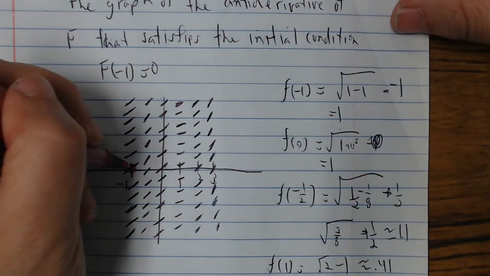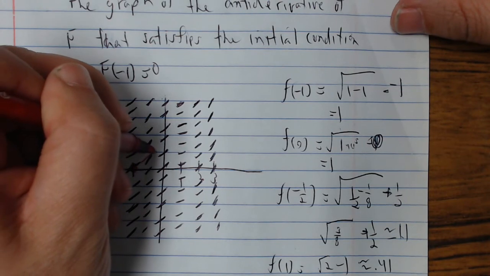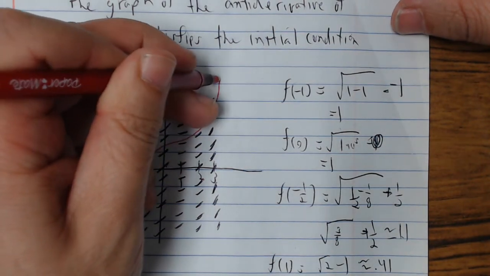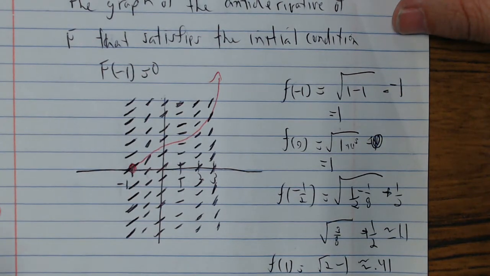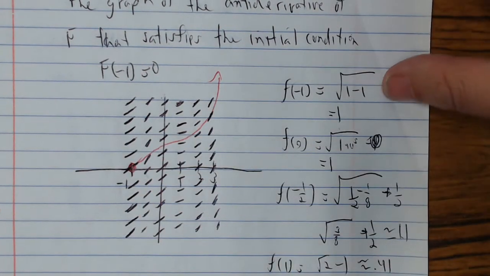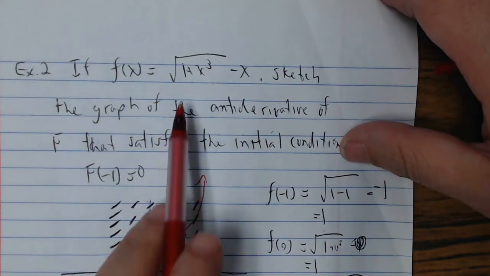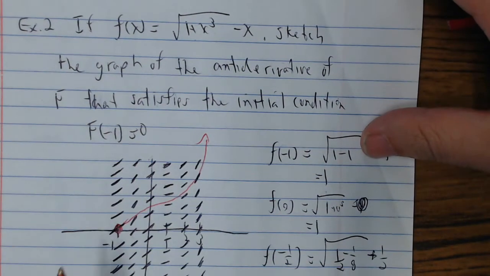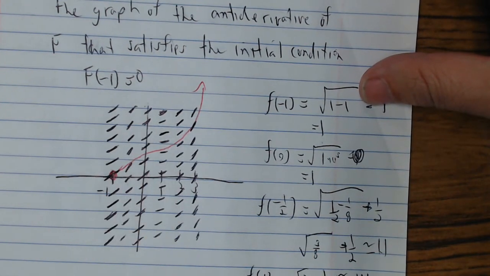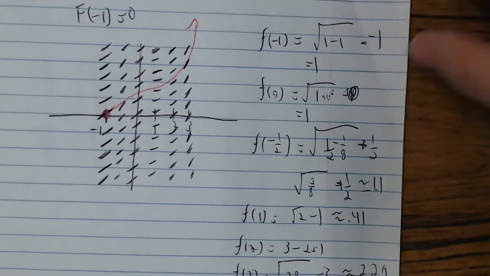It's increasing, my antiderivative is increasing, and then it kind of slows down a little bit, and then it starts increasing again. And so there you have it. Using the direction field of this guy, I was able to use the slopes of the tangents to get the shape of the antiderivative, which hopefully this makes sense to you guys.